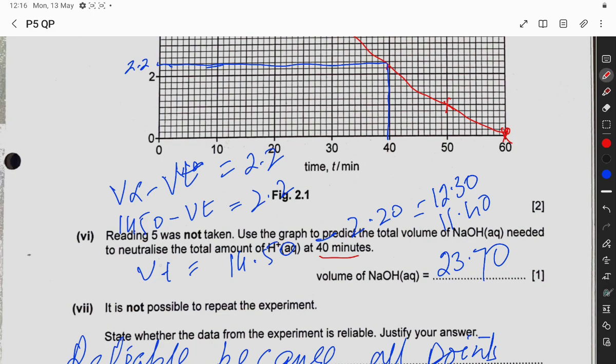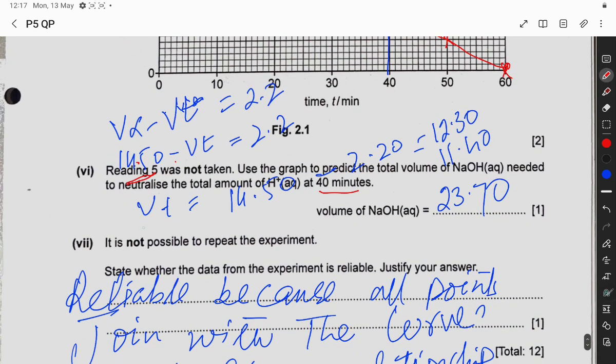So V infinite minus Vt is equal to 2.2 at 40 minutes. So 14.50 is the infinite value, and minus this value 2.2.